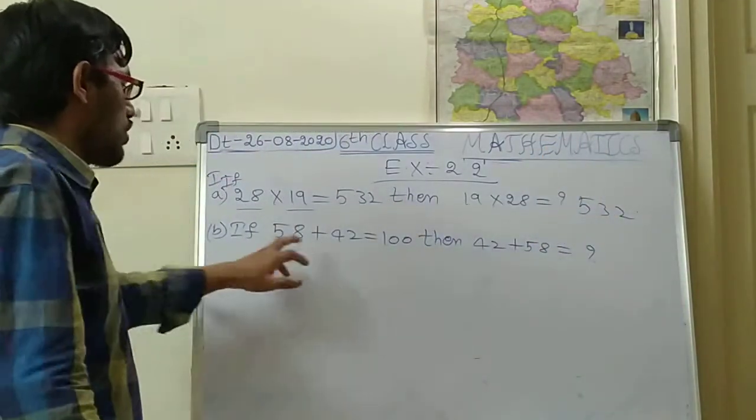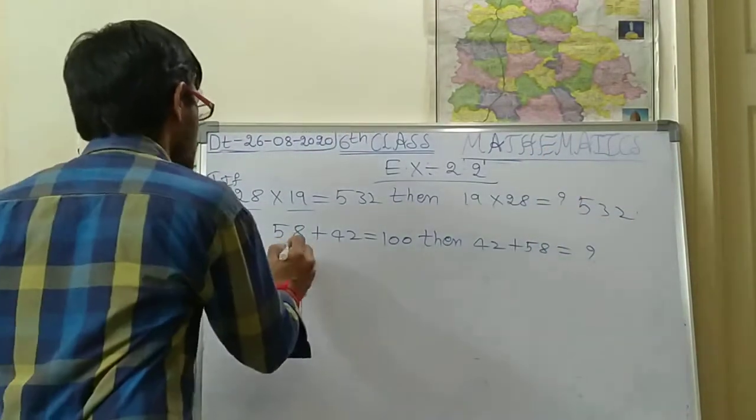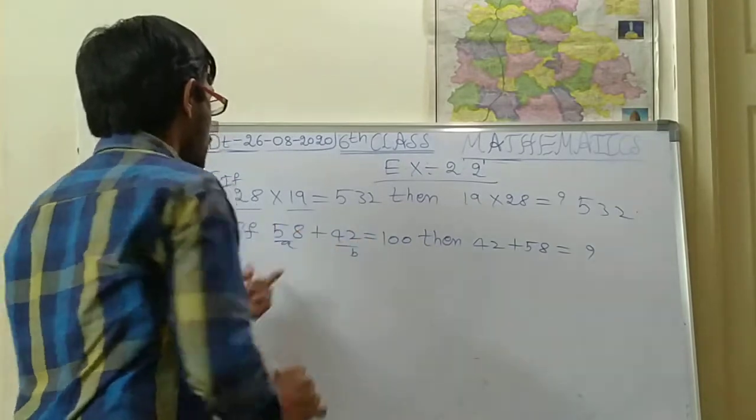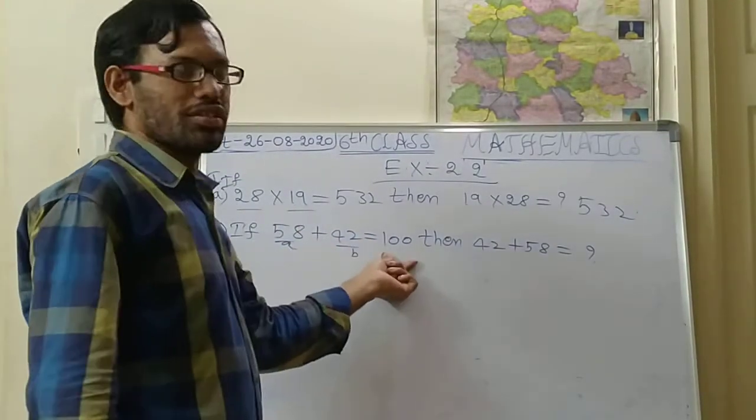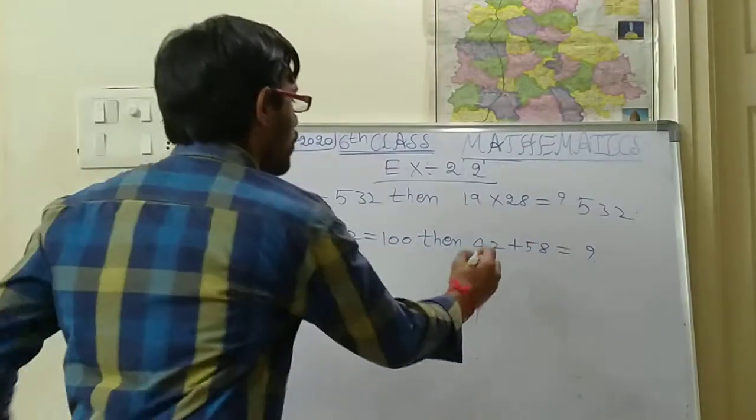So first see the question. 58 plus 42, this is A, this is B. So A plus B is equals to some answer. Then B plus A is equals to how much?